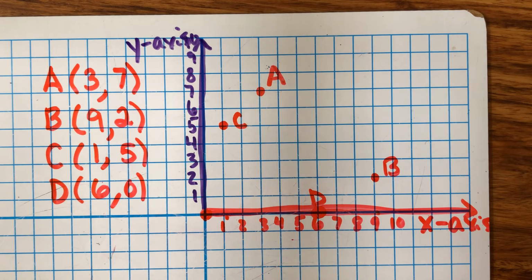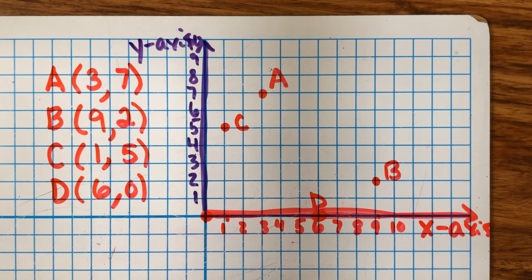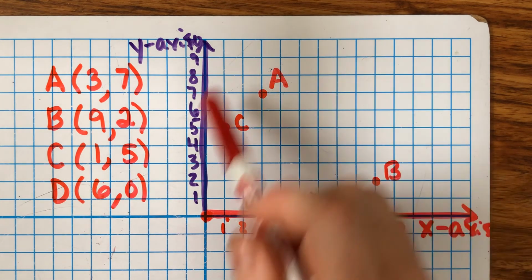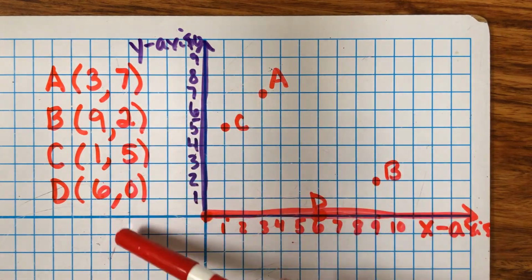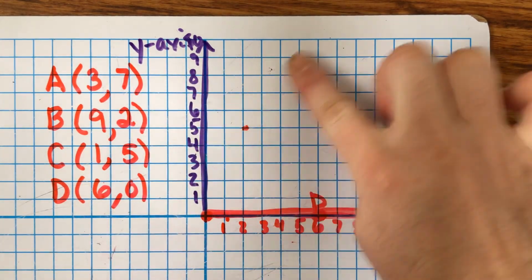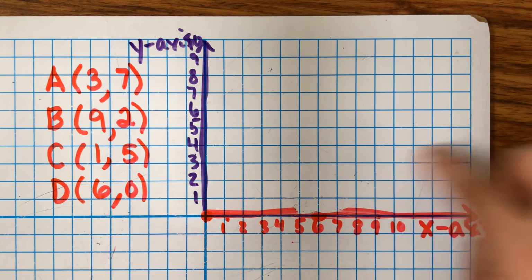All right, so it's very similar to yesterday, except yesterday we had the points and we were finding the ordered pairs. Today, I am going to assign you a Google slide. On the Google slide you're going to have all your ordered pairs, and then you're going to have a blank grid.